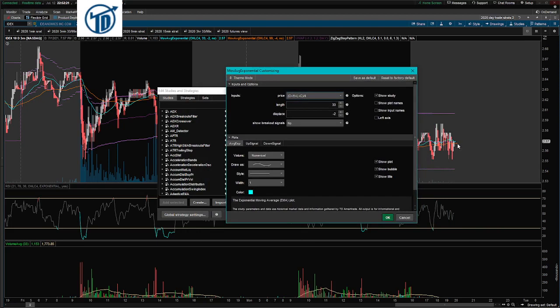As you can see at the end here, the orange, which is the 99, pushes out further than the blue, which is the 33. But I keep it close because I like to keep the price close, and I don't use the up and down signals. I don't like to have that displayed.